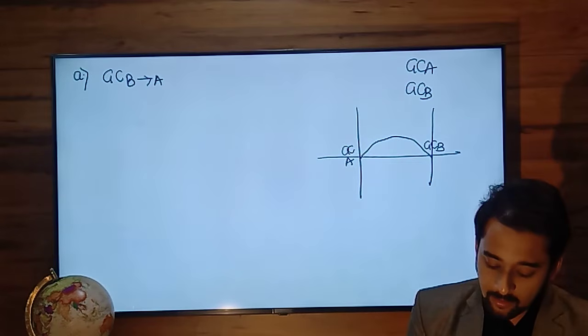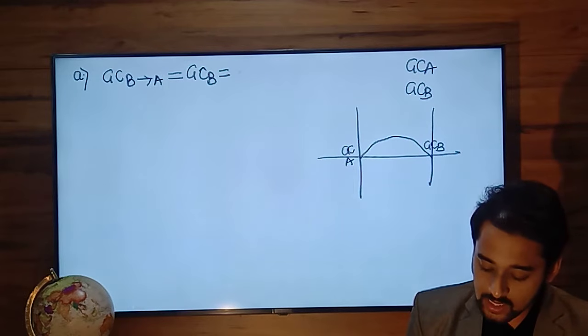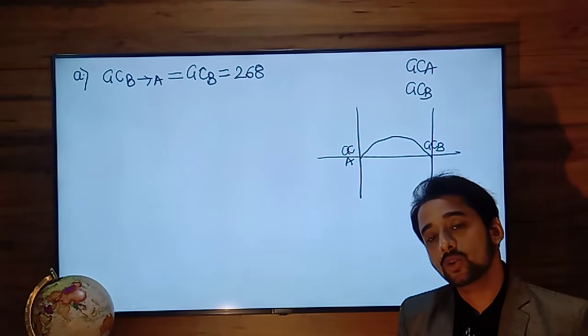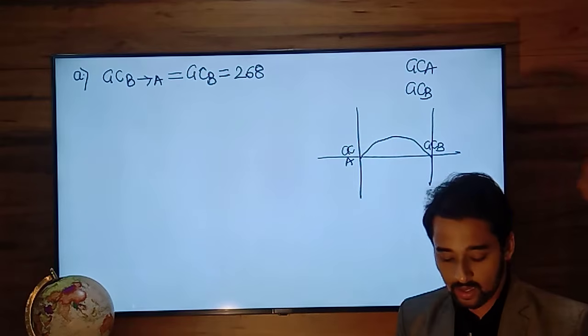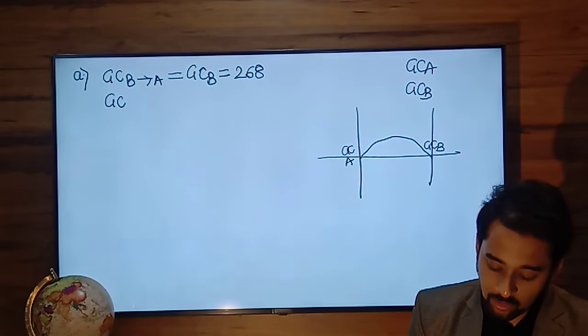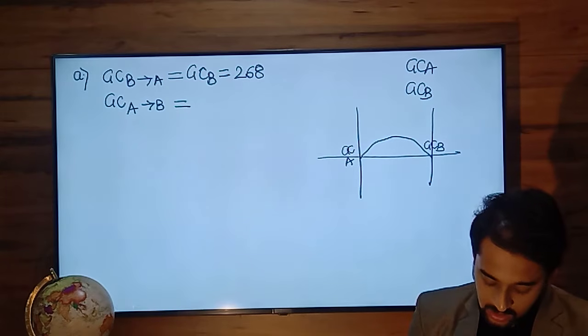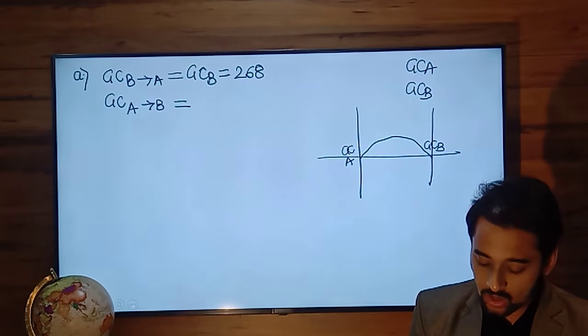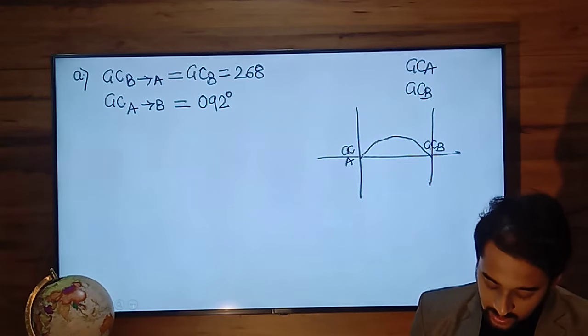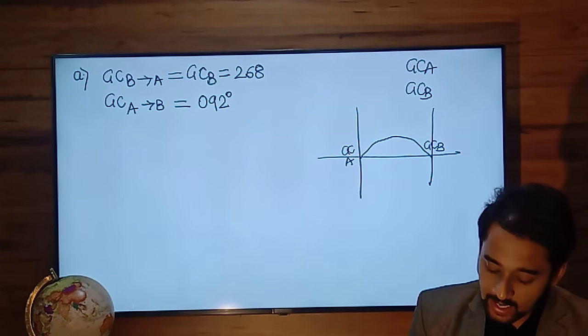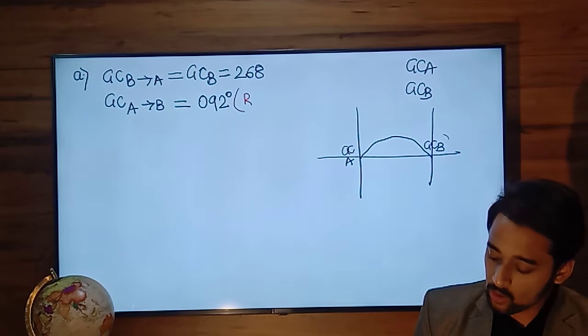We have been given B to A, or great circle track at B, equal to 268, and the reciprocal of A to B equal to 092.